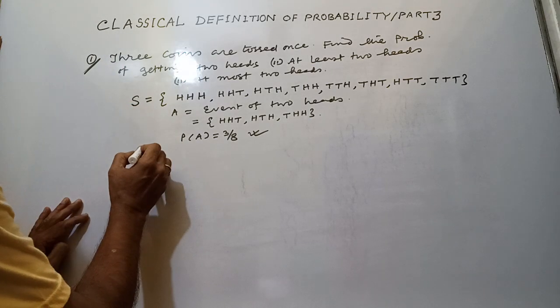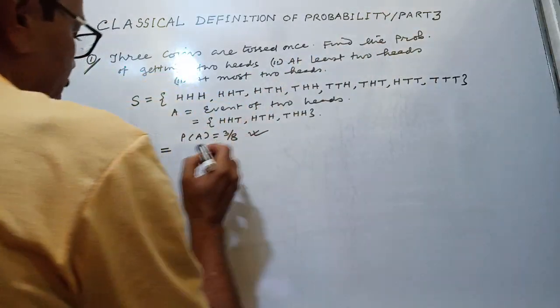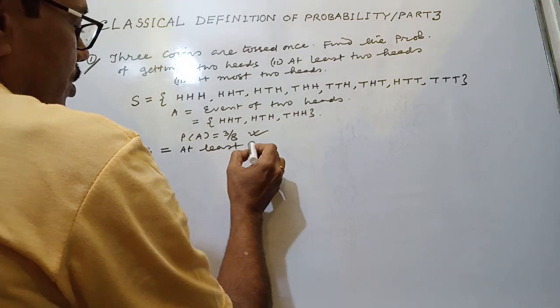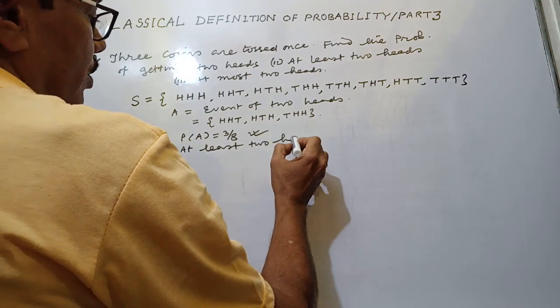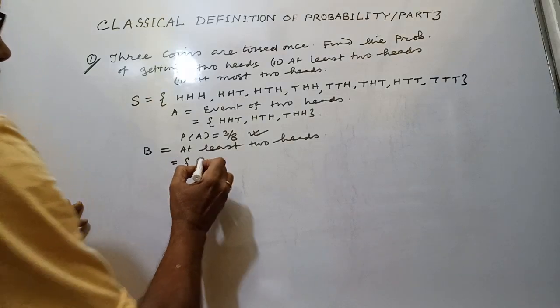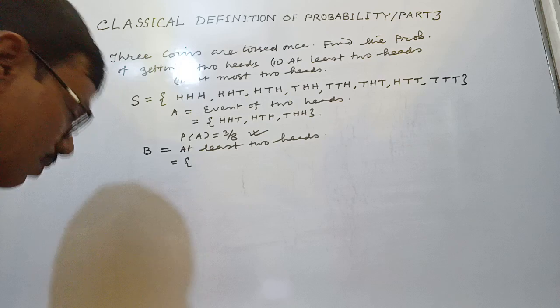Now suppose the second one is B: at least 2 heads. Look at the language. At least 2 heads means 2 heads or 3 heads.